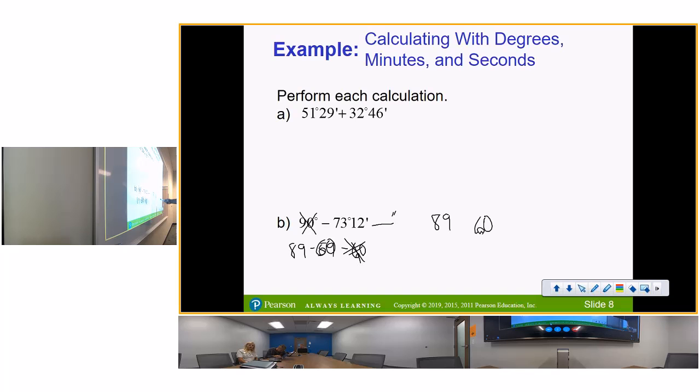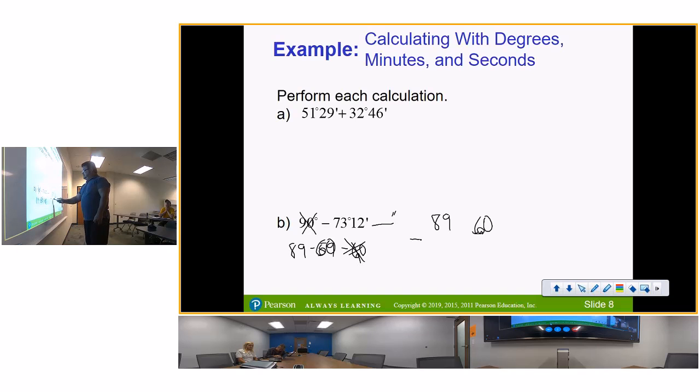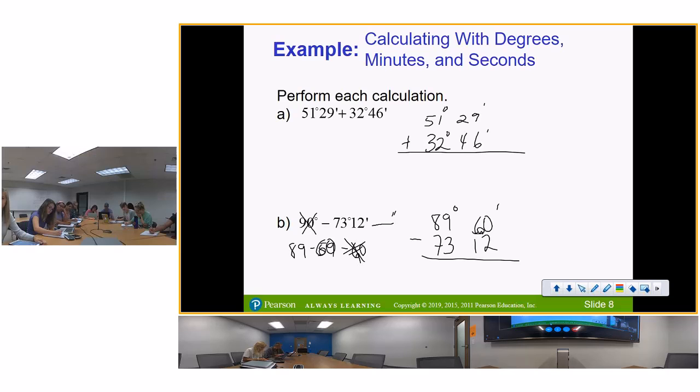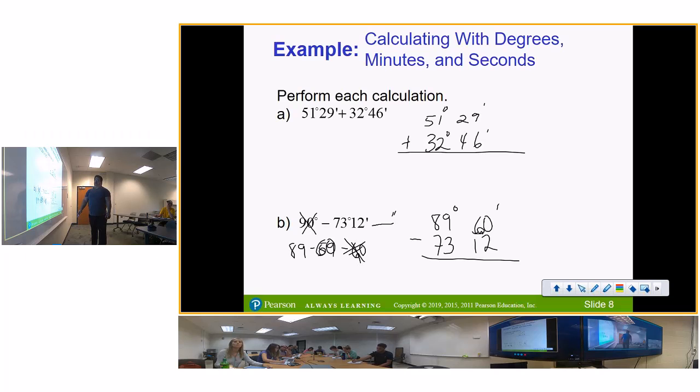Okay. 89, 60 minus 73, 12. And this one is going to be 51, 29 plus 32, 46. You should be able to get those without any problems. 9 plus 6 is 15.